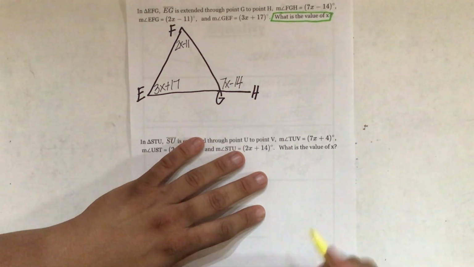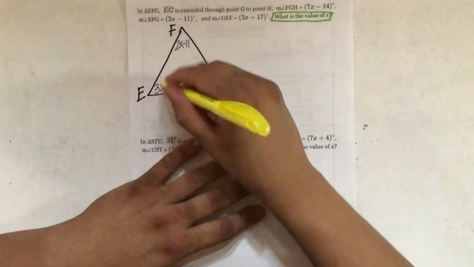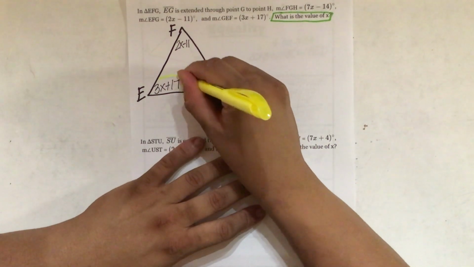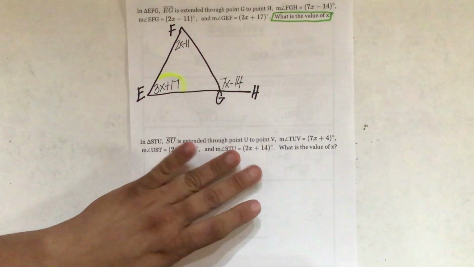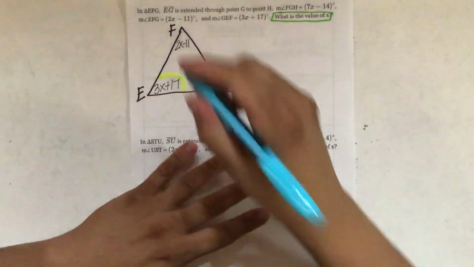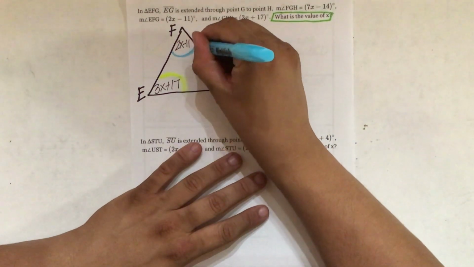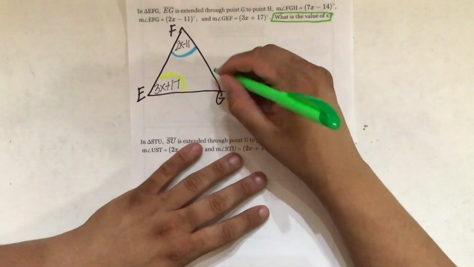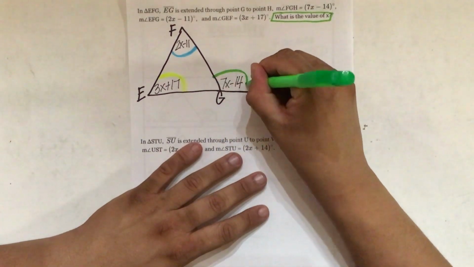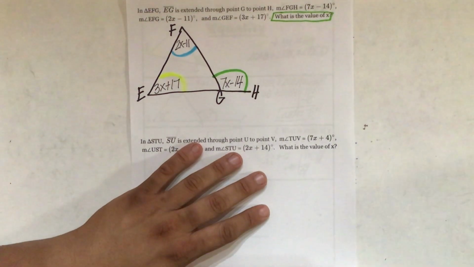So let's do what we've been doing before. So this is our yellow angle, and this top one here is our blue angle, and this outside one here is our green angle.